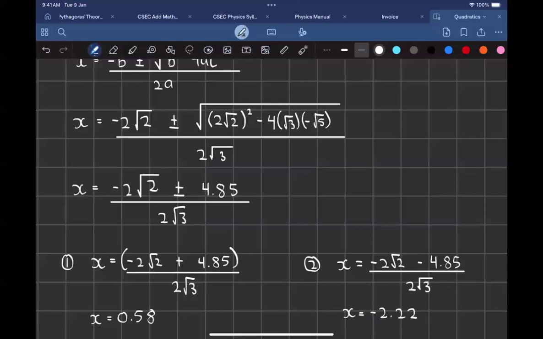So in a Sharp, you should be seeing minus 2 root 2 plus 4.85, close bracket. Then press divided by, open bracket, 2 root 3, coming out of the square root sign, then close the bracket, and press equal.